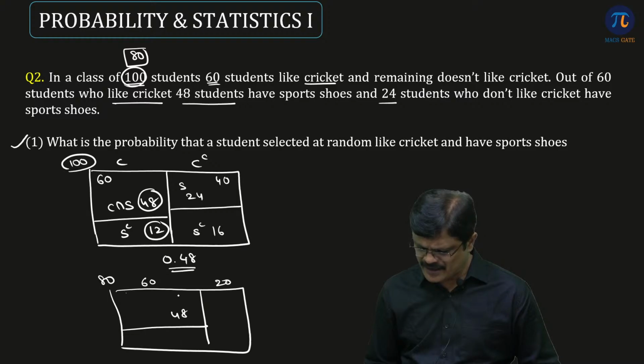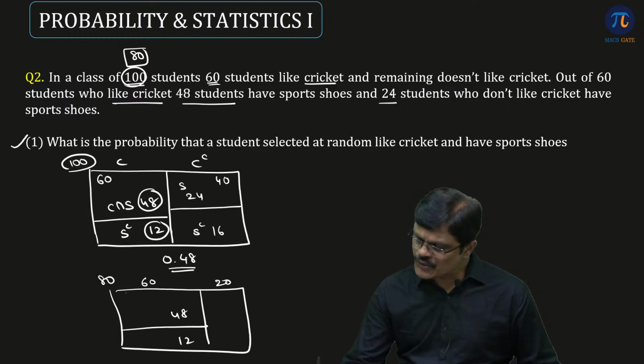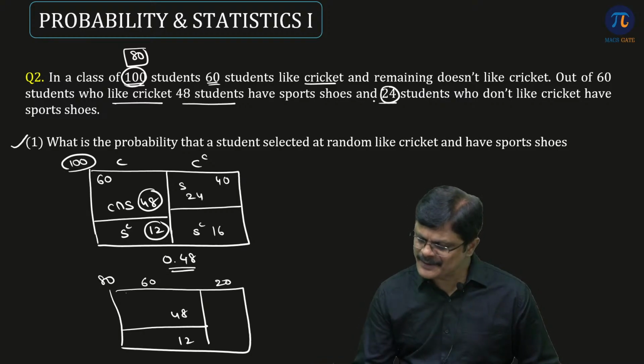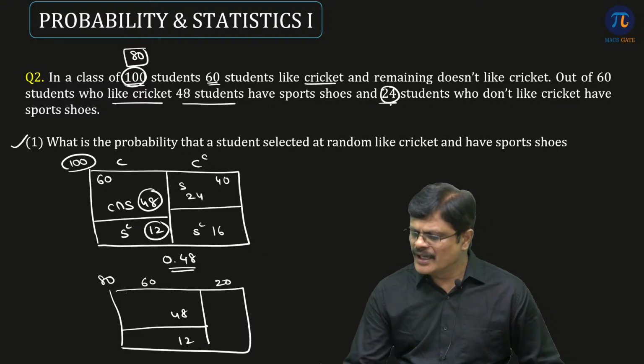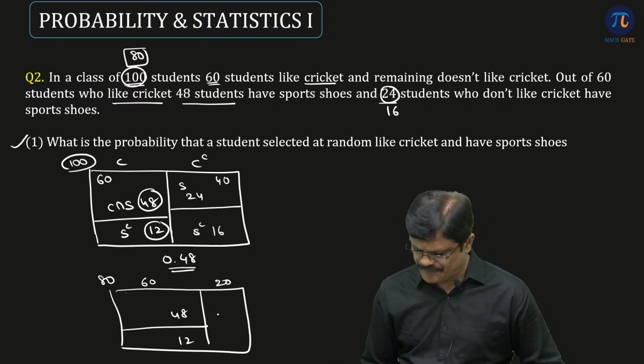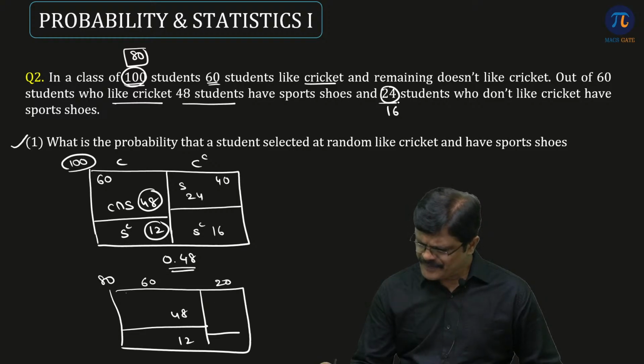Remaining means this is 12. Sorry, 12. But for this 20 we cannot have 24 in that case, because the remaining people who do not like cricket is only 20. Let us say 16 here. Who don't like cricket have sports shoes, and only 4 here.